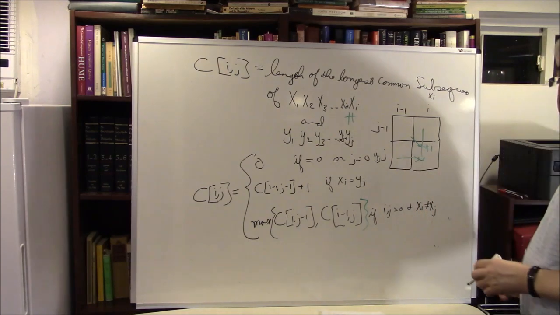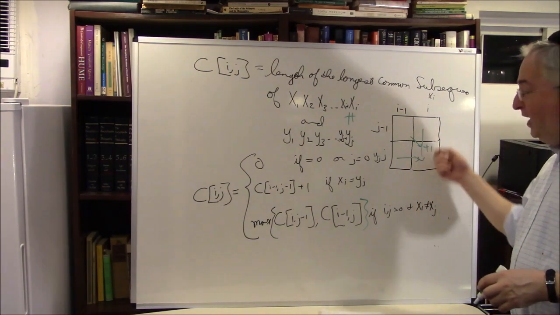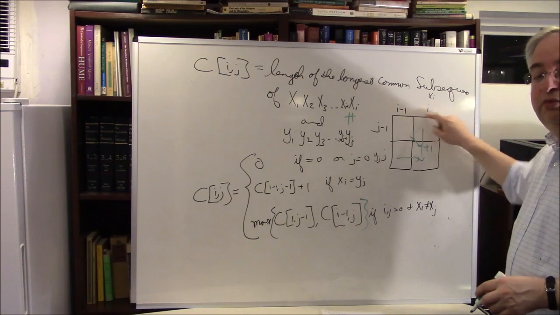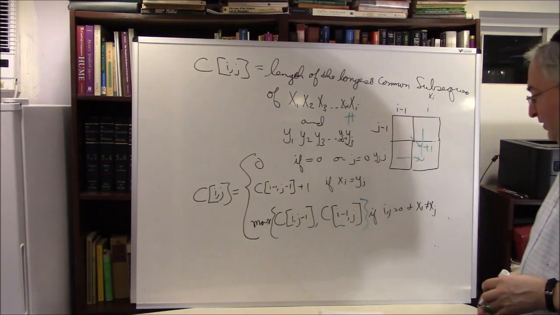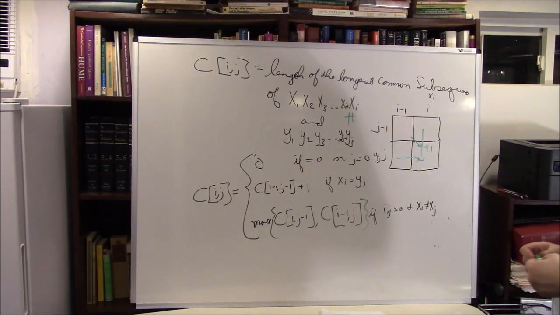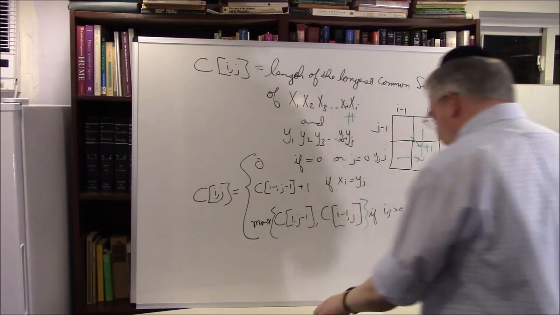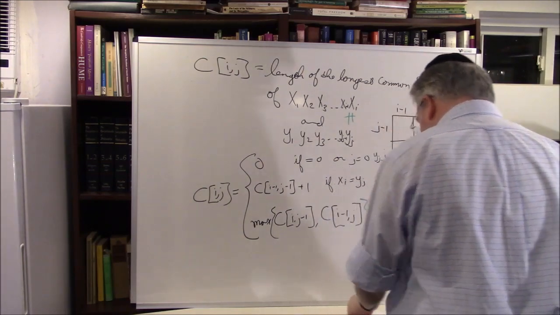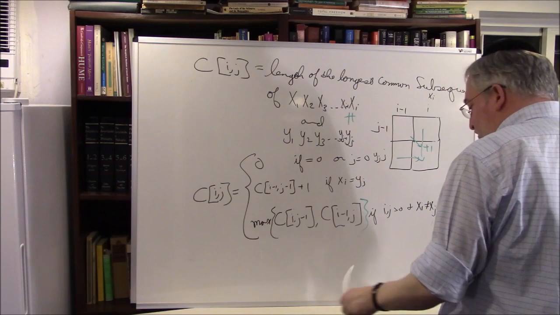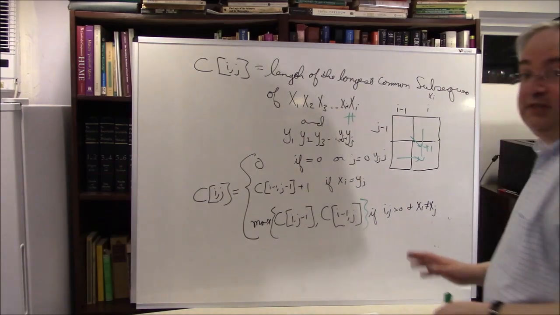The key point is, if you want to know the (i,j) position, you have to look at the three previous ones. That's the way it works. Okay, so we have to do an example, and we will. We're also going to do the algorithm, but let me just show you how it works.